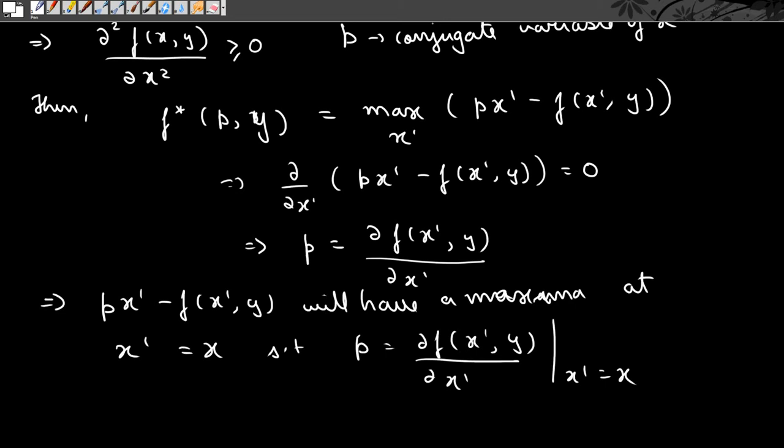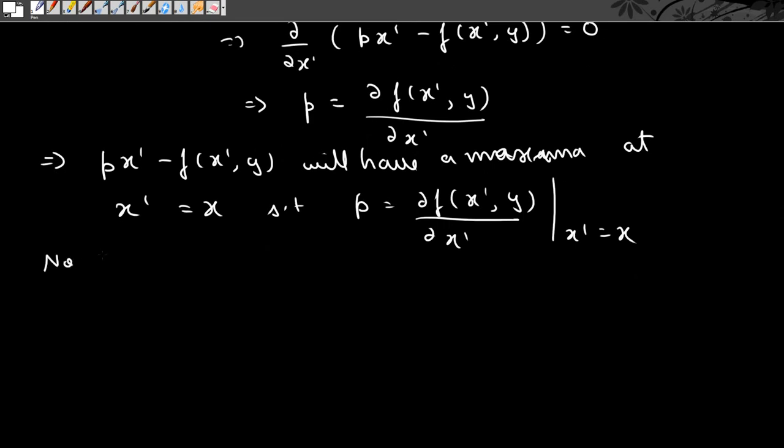So what are we doing? We are choosing the value of x dash as equal to x such that the partial differentiation of the function f of x dash y with respect to x dash, at the value of x dash equal to x, should be equal to the value of p which is chosen here. The important thing to note here is that x dash is independent of p.